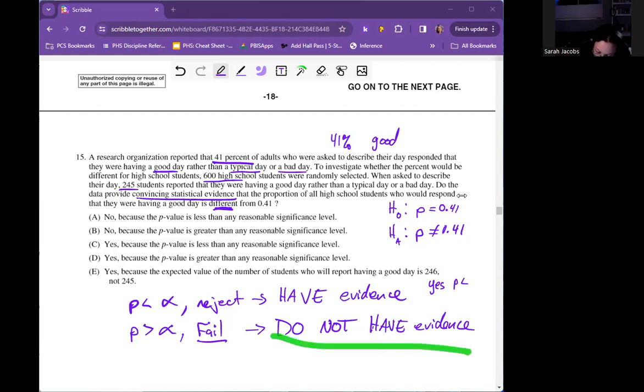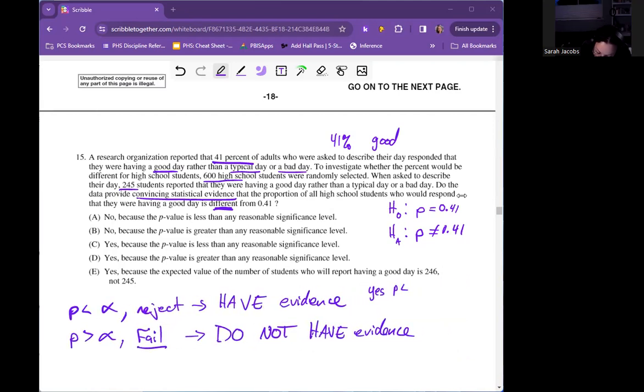And not having convincing statistical evidence would be no, we don't have evidence because the P is too high. So those are logically consistent conclusions. So here, no, because the p-value is less than any reasonable significance level, that would be a good reason to reject. That would be a good reason to end up with yes. So we're going to get rid of A.